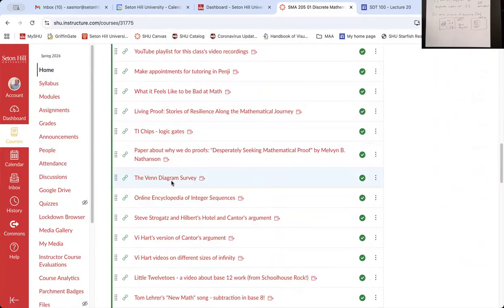It's very interesting about the way in which we draw Venn diagrams, because the way in which we draw them limits us on the types of things we can do. More on that later, but I think that's worth looking at.